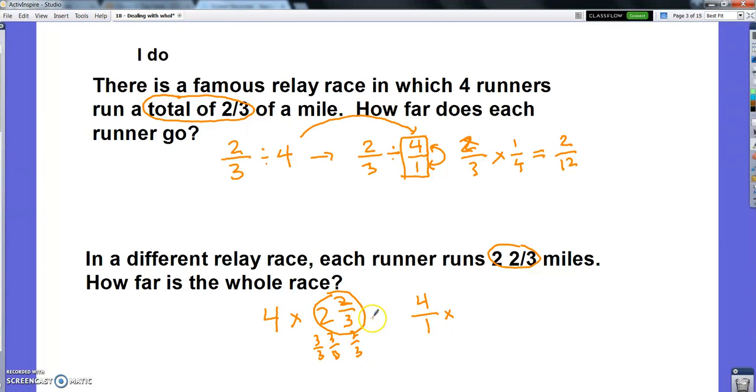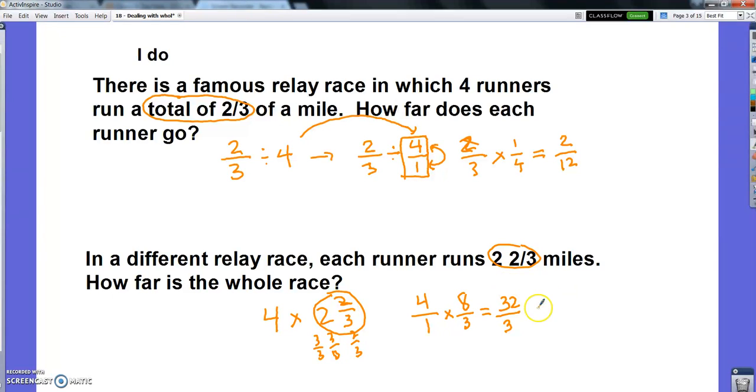So this could be rewritten as the improper fraction 8/3. So now I've got 4 whole runners, each running 8/3 of a mile. Sounds weird to say 8/3 of a mile, but that's really what it is. So that would mean the whole race was 32/3 of a mile.